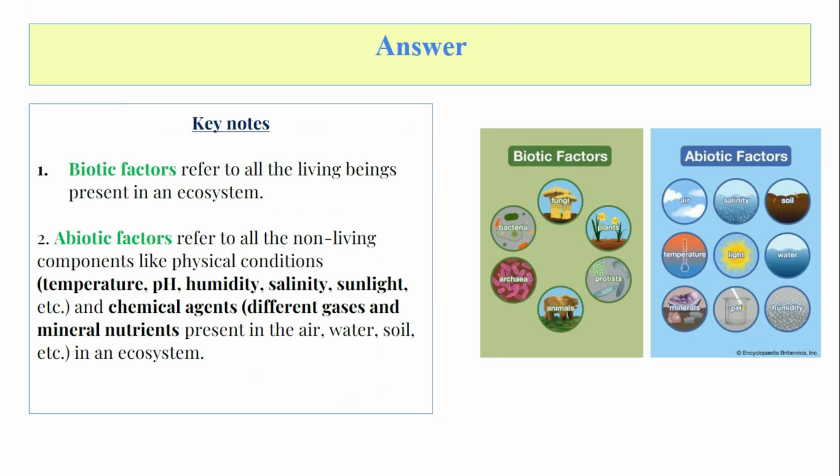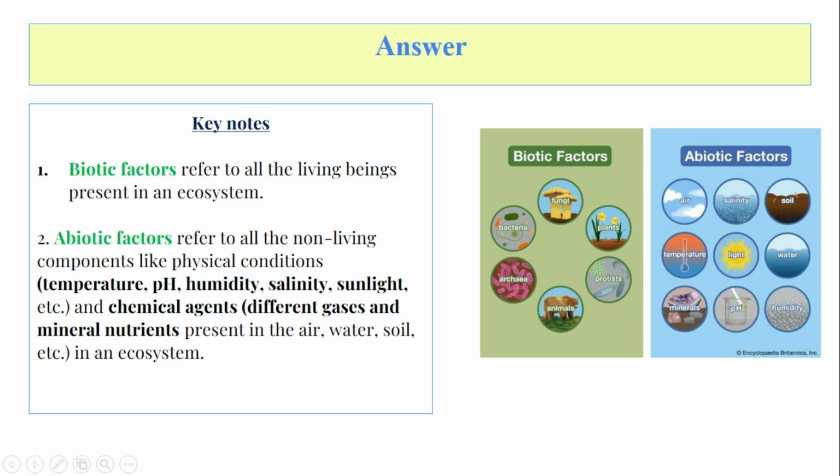Abiotic means all those non-living conditions like temperature, pH, humidity, salinity, sunlight, different gases and minerals. All of those are abiotic factors, and they do affect living things, which are the biotic factors.